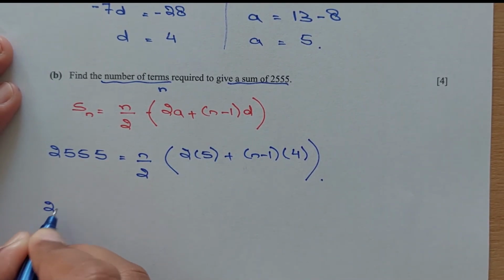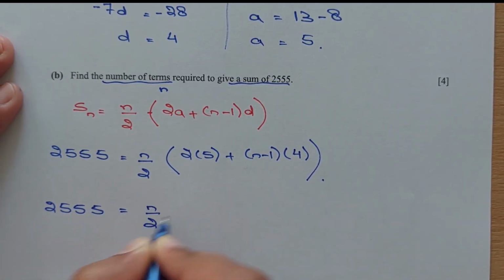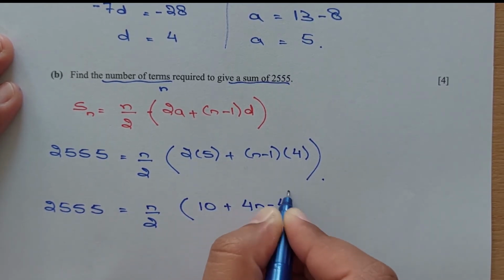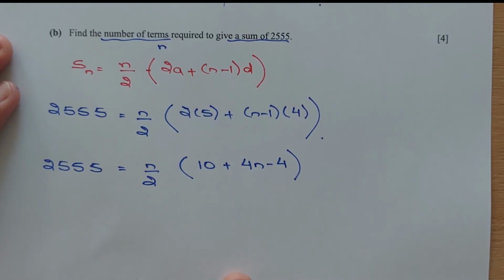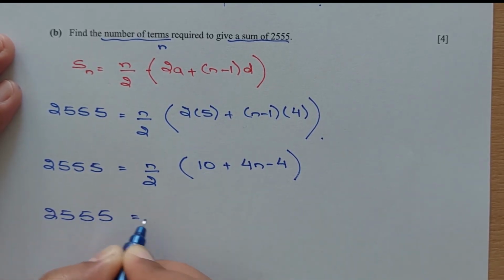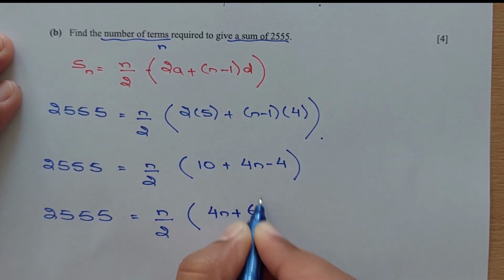Okay, so let me simplify. 2555 equals n by 2, 2 times 5 is 10, plus 4n minus 4. So 10 minus 4 is just 6, right? So here we have n by 2, 4n plus 6.